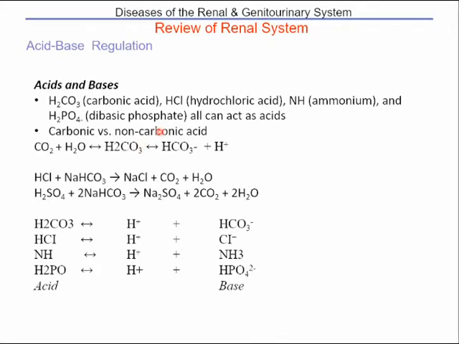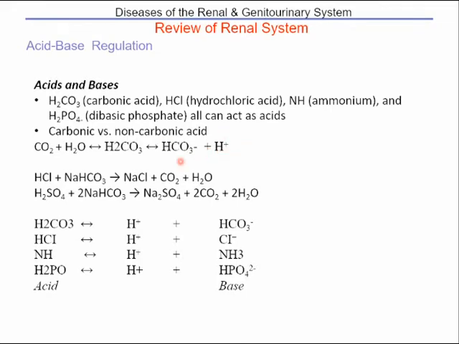So if you have an excess of carbon dioxide in the body, this reaction will move to the right. So you will produce more carbonic acid, bicarbonate, and hydrogen ion.